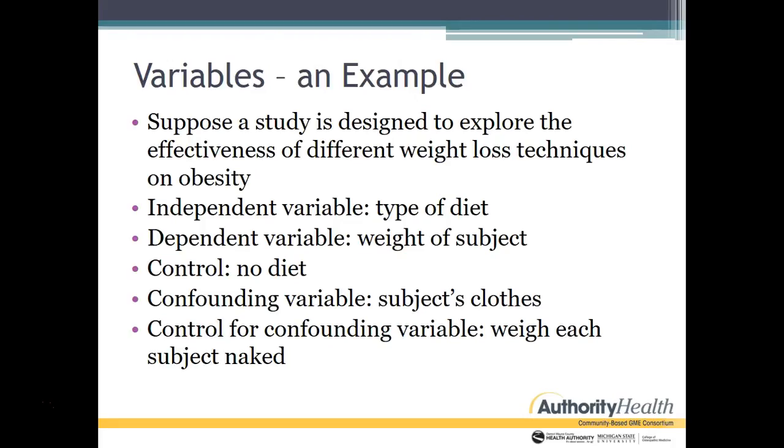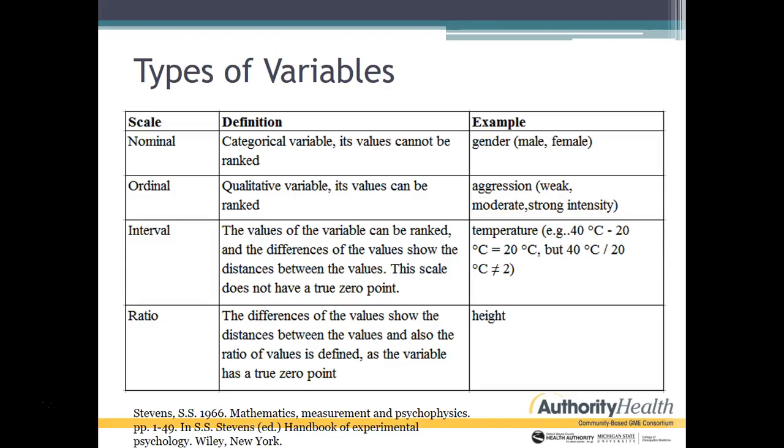The control group, you would have no diet or any type of weight loss technique, and you just measure the weight of those people and compare those to the experiment group. And then one type of confounding variable that could be considered is the subject's clothes, for example, that can cause variation. So you would want to control for that by weighing each subject naked. So that's just an easy overview.